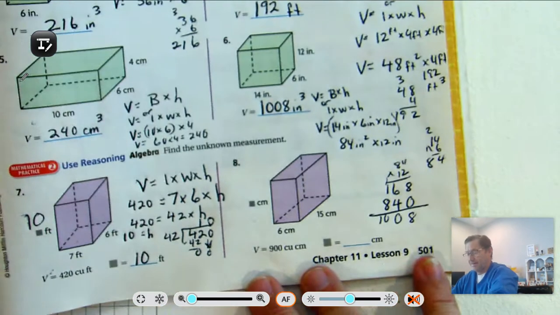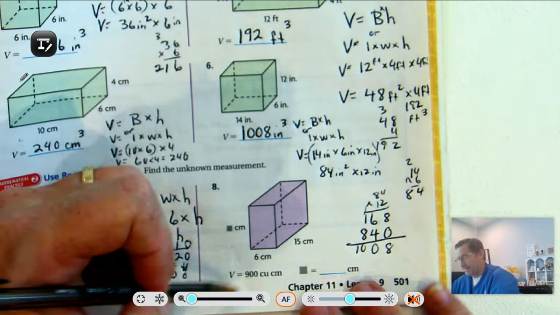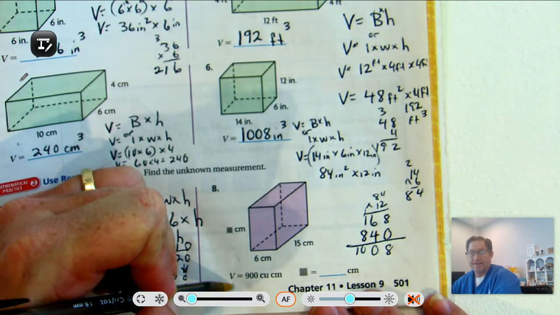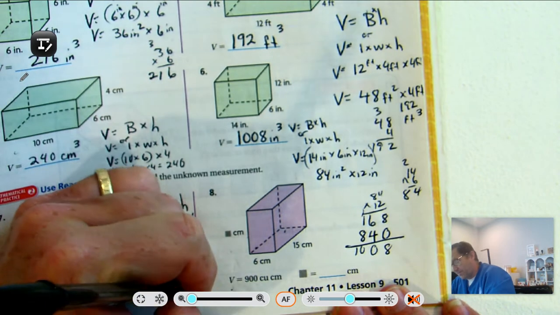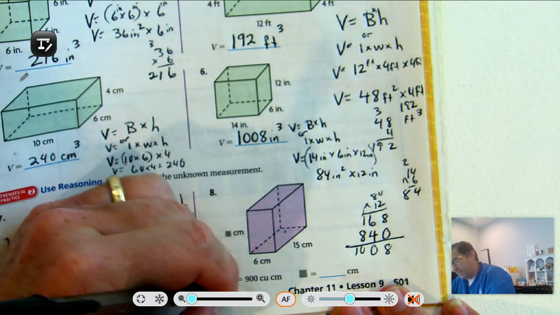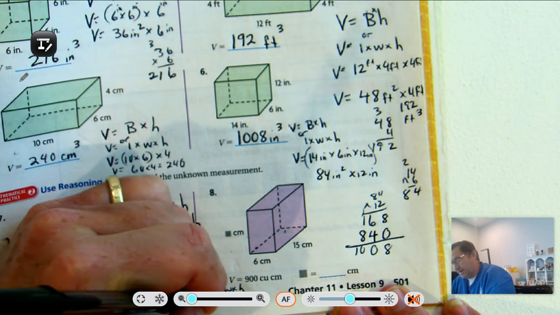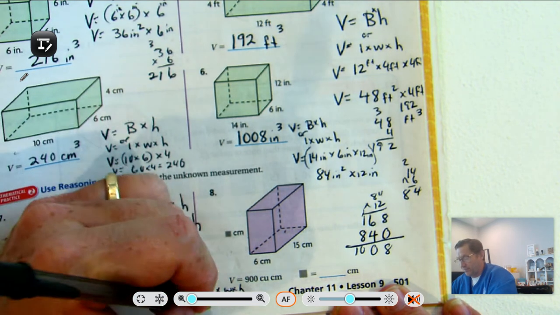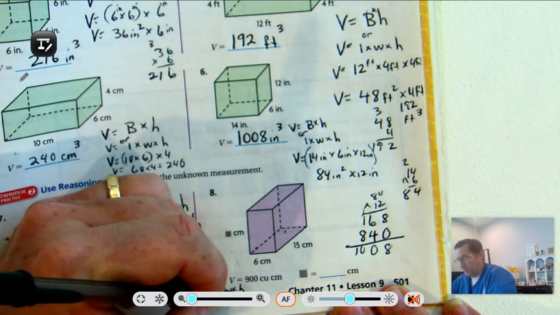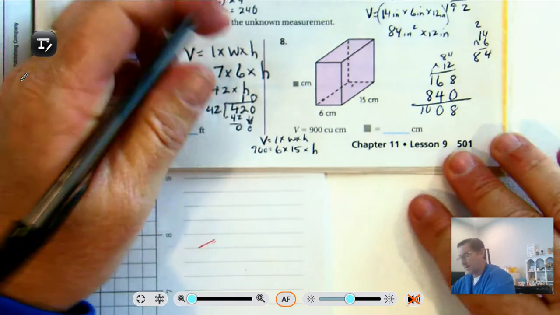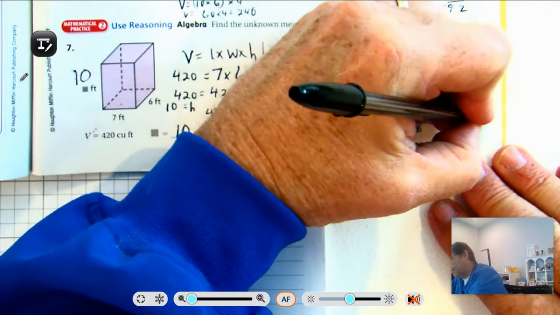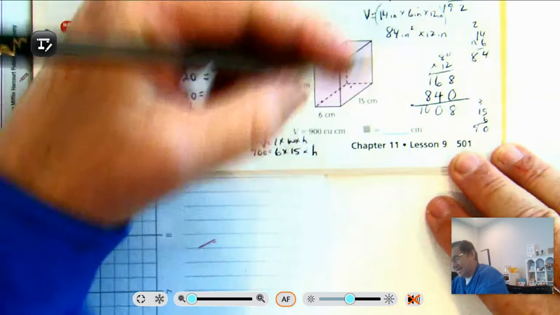All right, number 8. Here again, they gave us the volume, and they gave us the length and the width, but they didn't give us the height. So volume equals length times width times height. 900 equals, replace the length with 6, replace the width with 15, and solve for the height. 6 times 15 is 90.